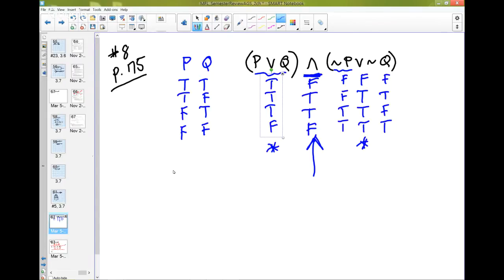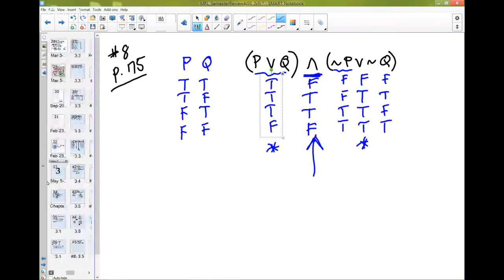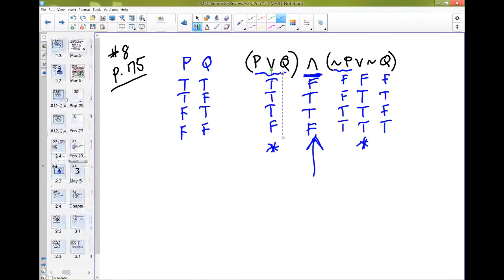Okay, this is Michelle. Can we go back to chapter 2 test, number 12? You bet. Now let's see if I guess the right page this time. It's the actual test we took on chapter 2.